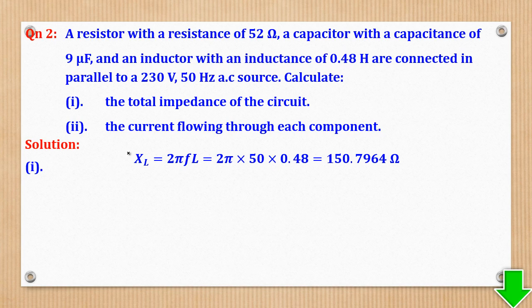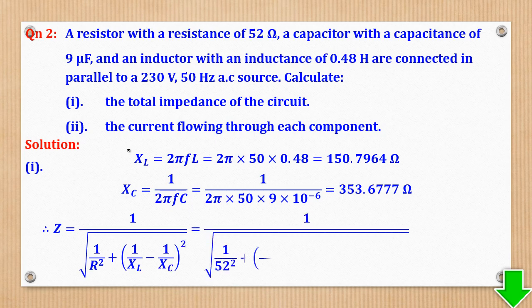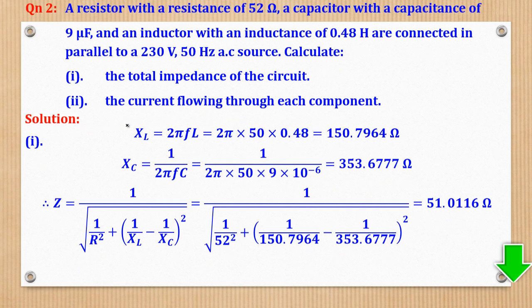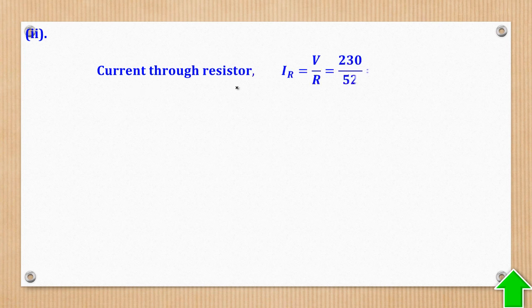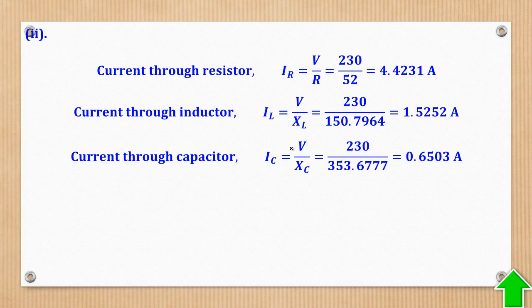So you first need the inductive reactance and capacitive reactance, after which you can quote the formula for impedance, substitute, and get the output. Then for Roman 2, current flowing through each component, the good thing is we already know the PD, meaning that I can get the current now. So the one through the resistor is V over R, the one through the inductor is V over XL, and the one through the capacitor is V over XC.